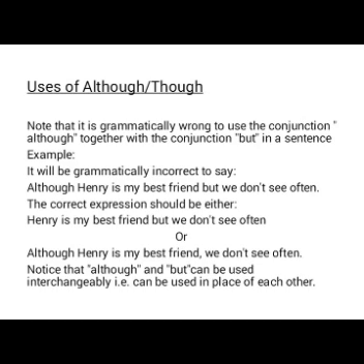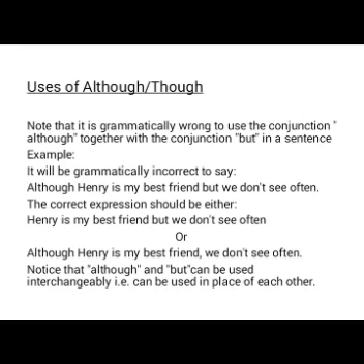Rather, the correct expression should be either Henry is my best friend, but we don't see often. Or you could say, although Henry is my best friend, we don't see often. Notice that although and but can be used interchangeably. What this means is that you can either use although or you use but.